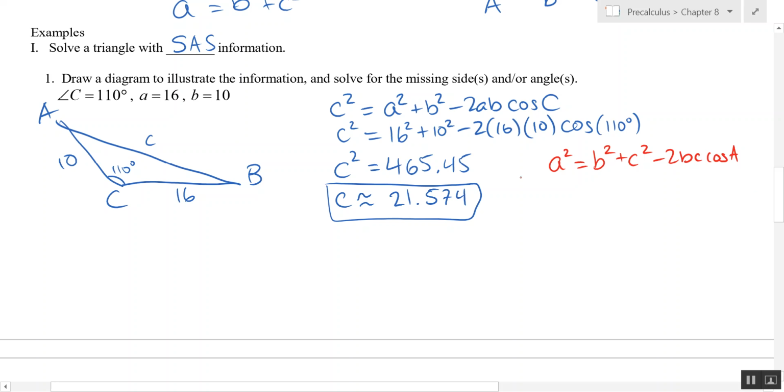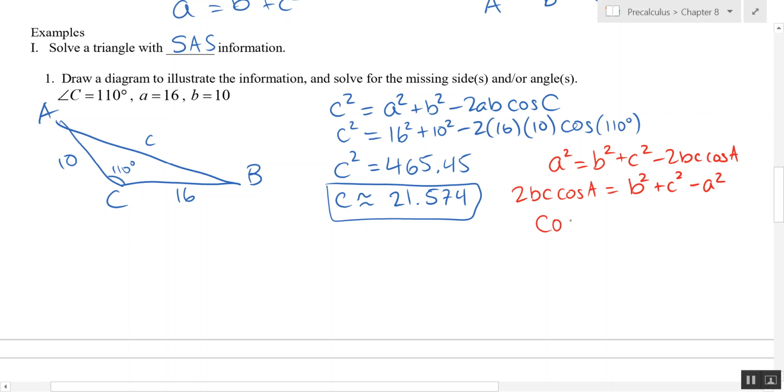I'm going to put the 2bc cosine A on the opposite side to make it positive, and I'm going to put the a squared on the other side as well. Last step to solve for the cosine of A is to divide by 2bc.